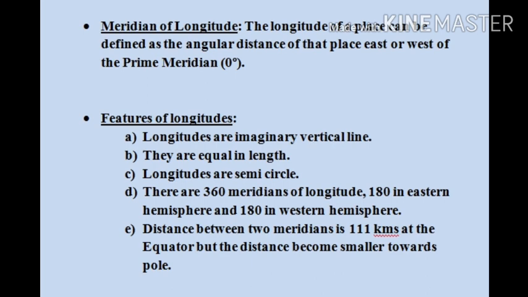Now what are the features of meridian? They are imaginary vertical lines, they are equal in length, there are 360 meridians, and the distance between two meridians is not same. Longitudes or meridians are semicircles and they divide the earth into eastern and western hemisphere. So these are the features of longitudes.